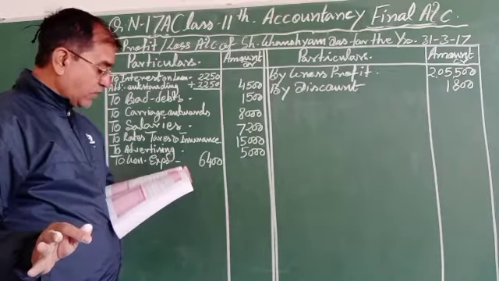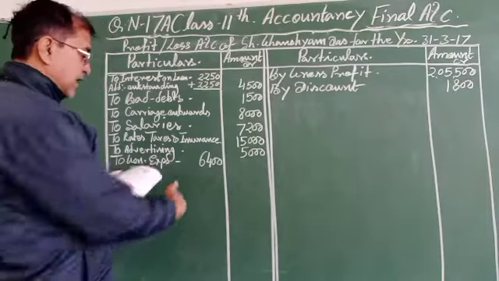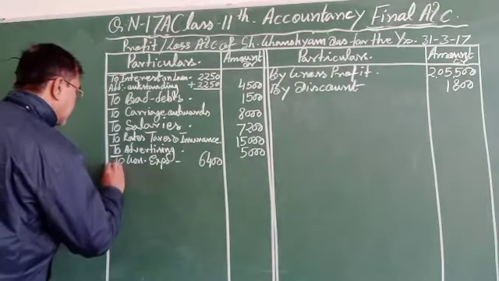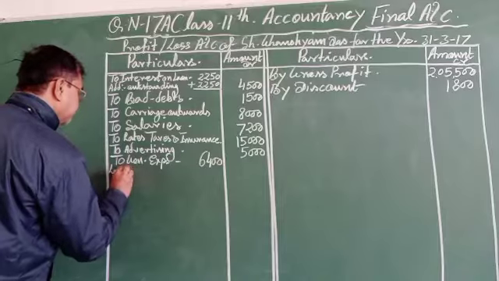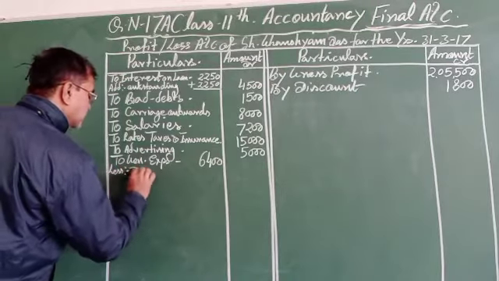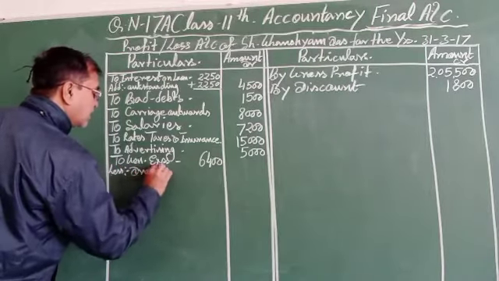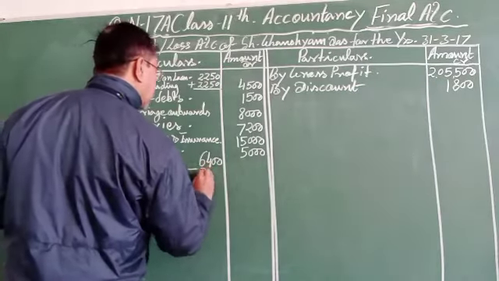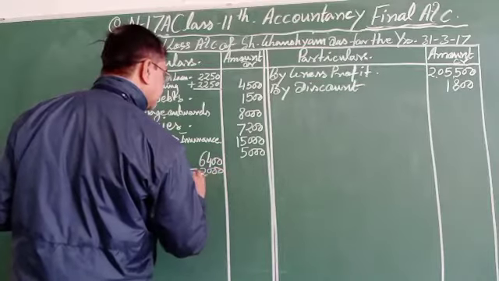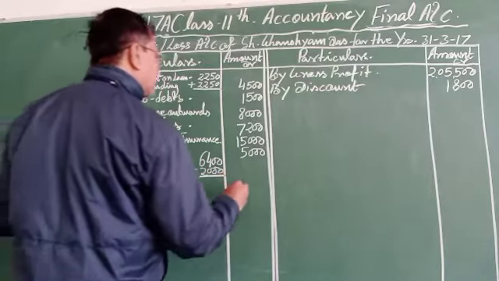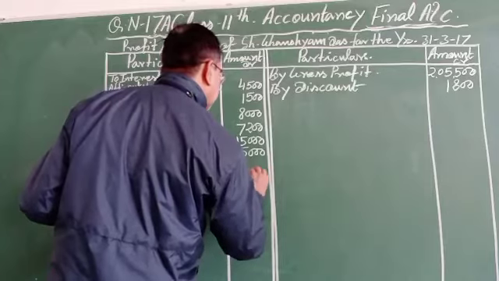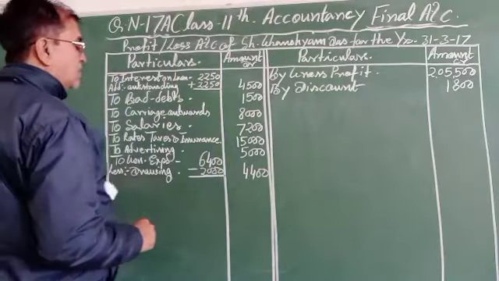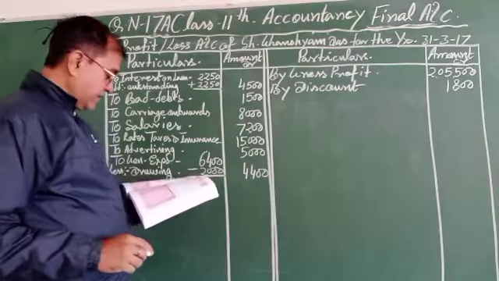This amount was included in general expense. So it will be deducted from the general expense, less drawing of Ghanshyam Das included in general expense, that is 2,000, minus, 4,400. That will be the amount of general expense, 4,400.